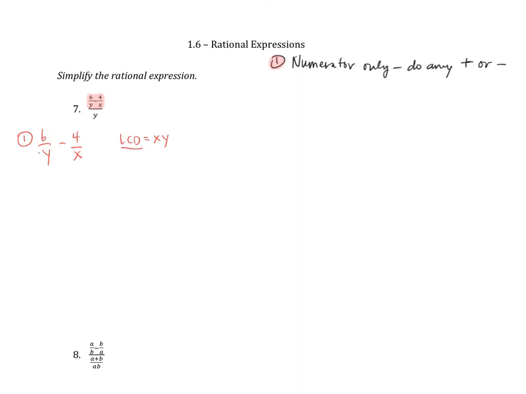I need to multiply the first one by x, and the second one, I have the x, I need the y, so I'm going to multiply that one by y. So I will get 6x over xy minus 4y over xy. Now I have a common denominator, so I will have 6x minus 4y over xy. Okay, so this is step 1. That is my numerator.